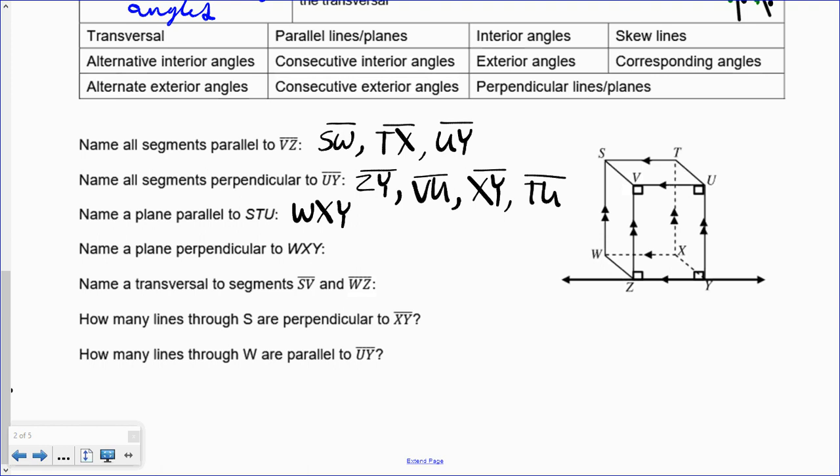All right, what is a plane that is perpendicular to WXY, which is the bottom? TXY. Yep, TXY. SWZ. There's actually 2 more. SWX. And then there's one more.